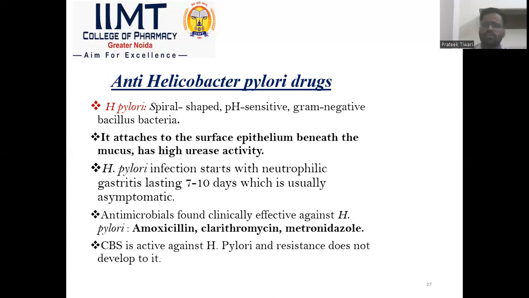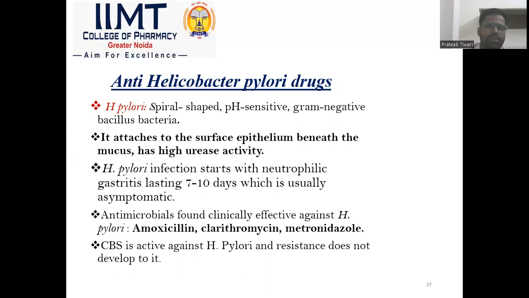It attaches to the surface of the epithelium. In acidic pH no bacteria survive, but somehow H. pylori is able to survive because it has a coat of urease and the bacteria is inside that urease membrane, so acid is not able to kill it. There are also adhesins, which help in the sticking of H. pylori on the wall of the stomach, and once it gets attached to the wall of the stomach, it causes injury.